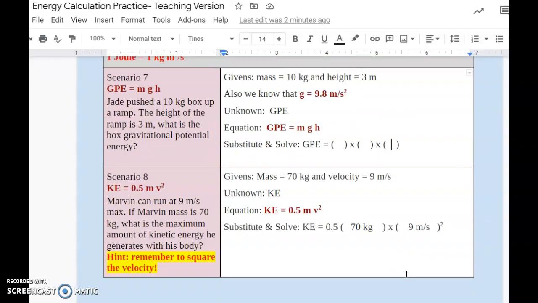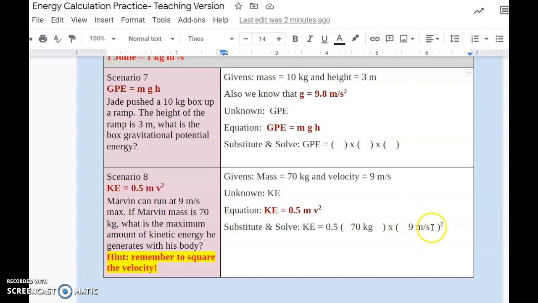The next question, however, does involve a square, so remember there's a little bit of a trick here. So pretend I read this question. I know what I'm given. I know what I'm trying to find, and the equation that has KE is KE equals 1/2 or 0.5 mv squared. When I plug it in, it looks like this. But please remember this: whenever you punch out anything that has a power, and that's multiplication or division, you always do the power or the square or the cube first.